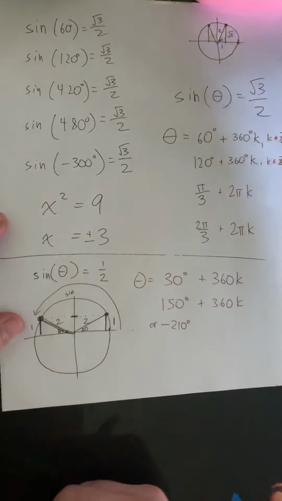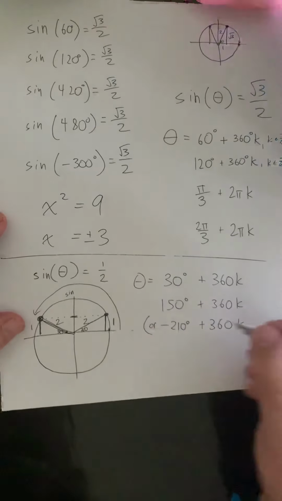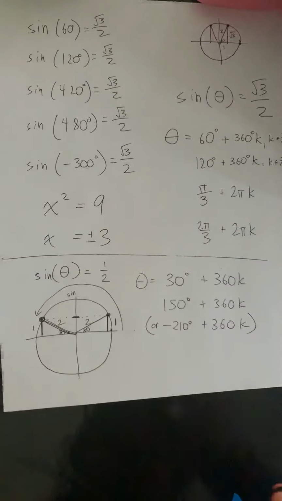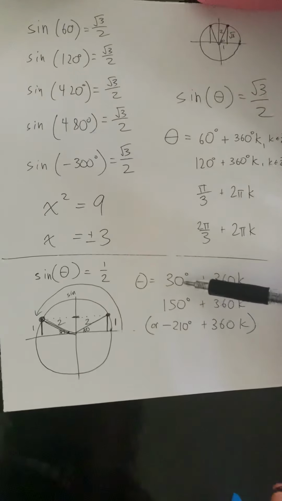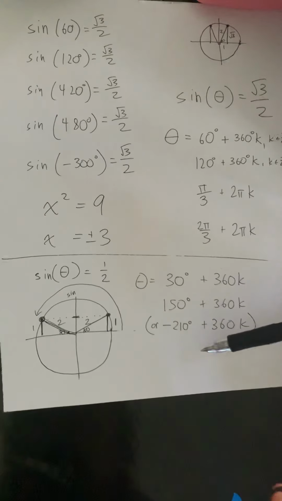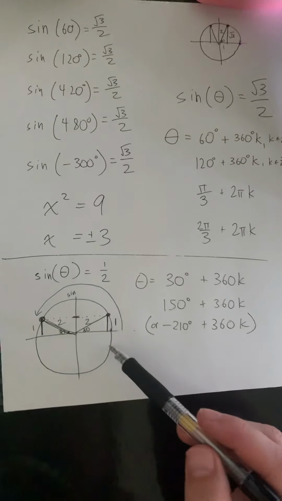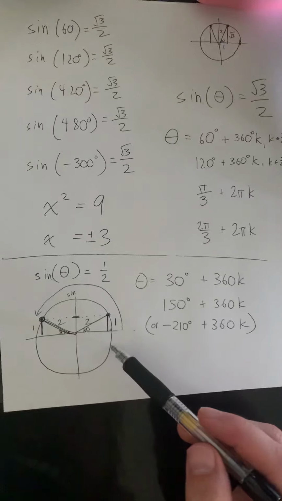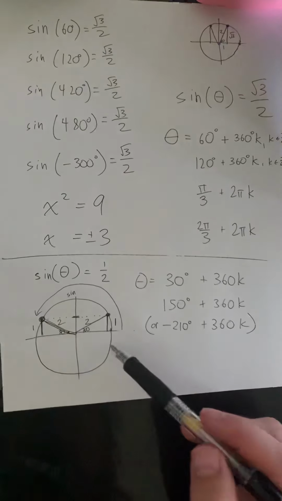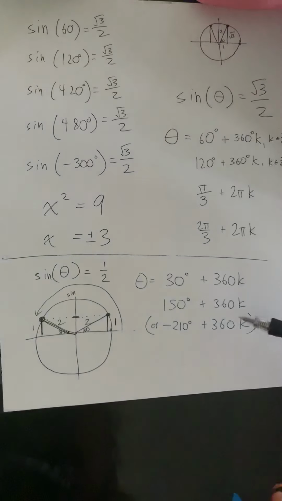That's 210. So if you wanted to, you could represent your starting angle as a negative. Probably wouldn't do it for this problem, but maybe if I had an angle in quadrant 4, like one right here, rather than 330 degrees, maybe I would just call it negative 30. So that's a possibility. Both of these count as correct answers.